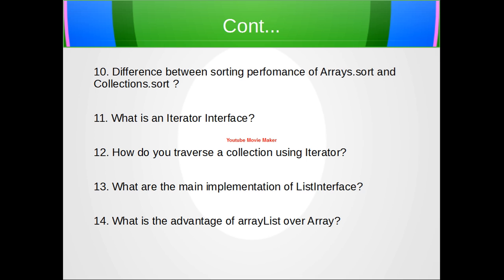Both methods have the same algorithm. The only difference is the type of input to them. Collections.sort has an input as a list, so it does a translation of list to array and vice versa, which is an additional step while sorting.